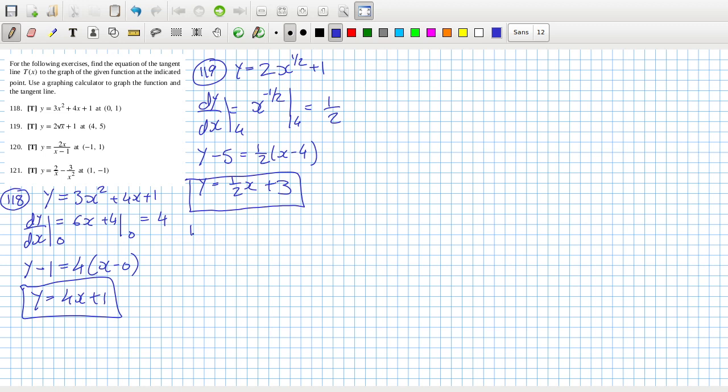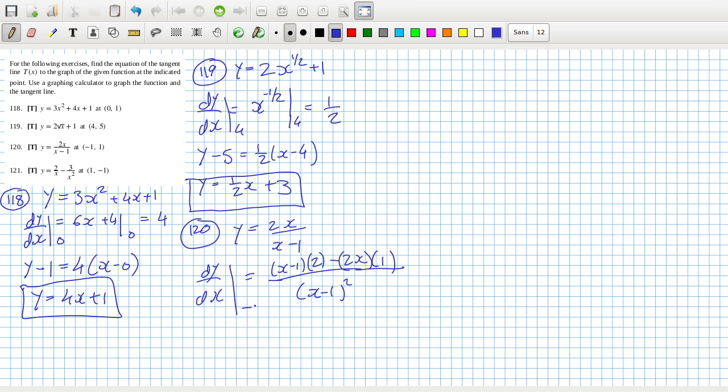Okay, 120. y equals 2x over x minus 1. So dy dx equals the bottom squared, the bottom times the derivative of the top minus the top times the derivative of the bottom.